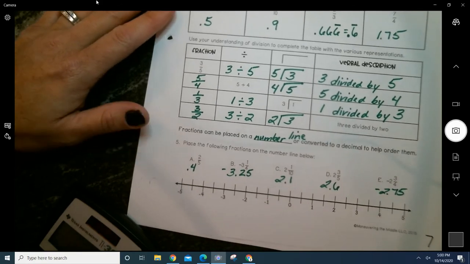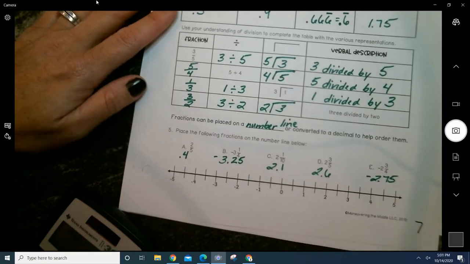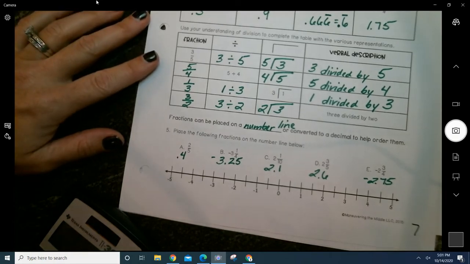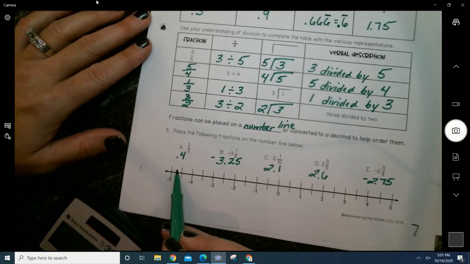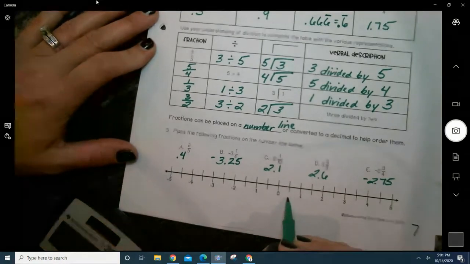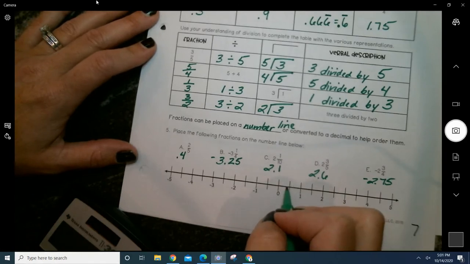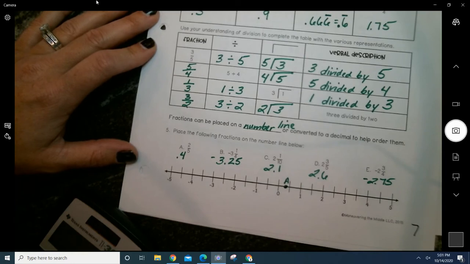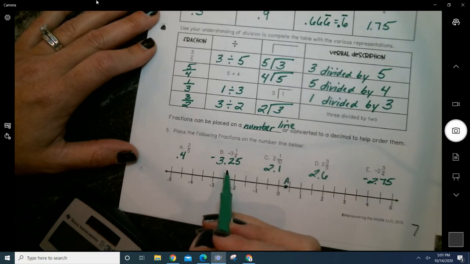You're not going to be able to place these on a number line in your Edpuzzle, but I'm going to do this with you real quick to make sure that you can do these. We want to look for 0.4, which is going to be somewhere between 0 and 0.5. 0.5 is half. So it's going to be about right here. That's where I would put my A. Then I would take negative 3.25 and look for that on the negative side.